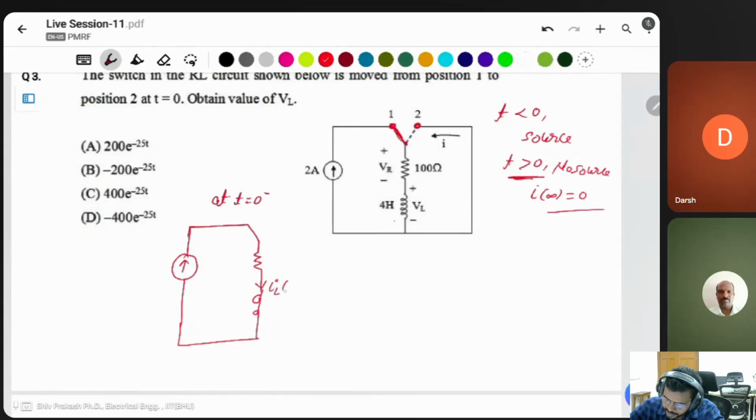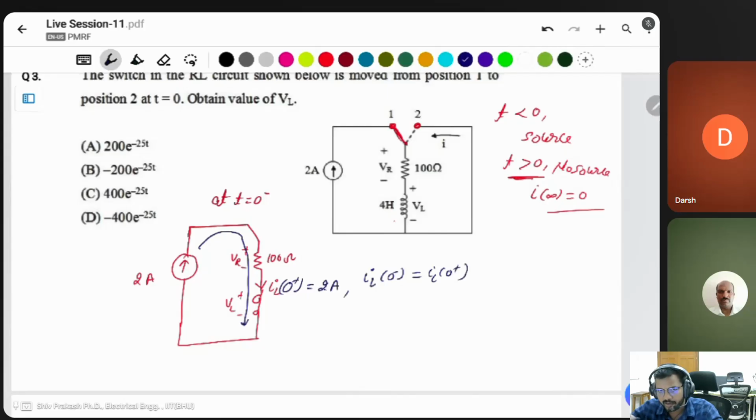What is the current IL? This is a 2 ampere current with a 100 ohm resistor. The whole 2 ampere current flows through this, so the initial current of the inductor is 2 ampere, because IL at 0 minus is the same as IL at 0 plus, since there is no sudden change in inductor current and capacitor voltage.